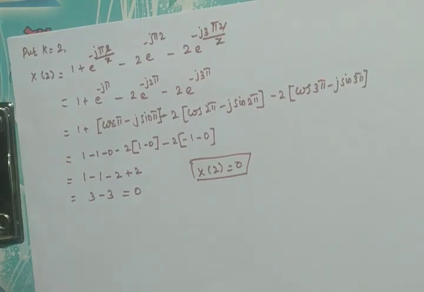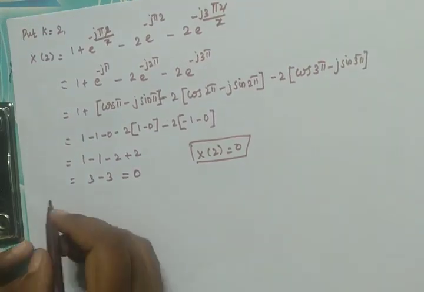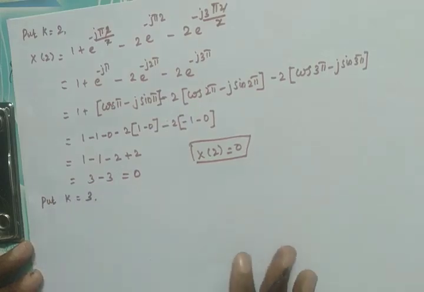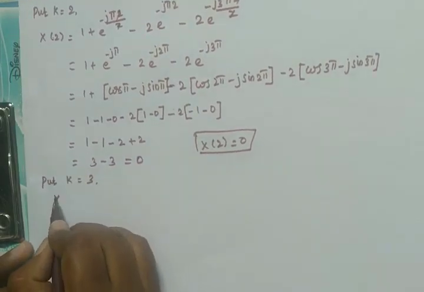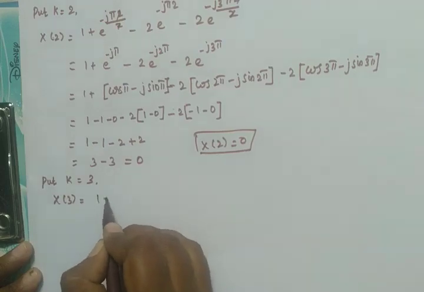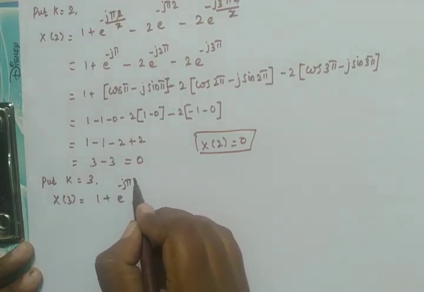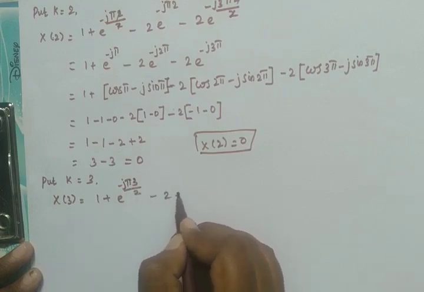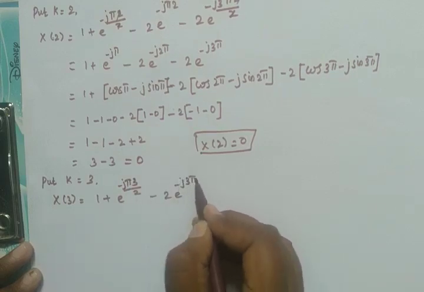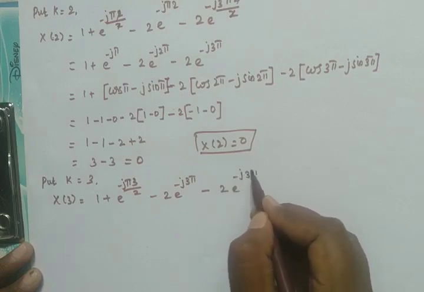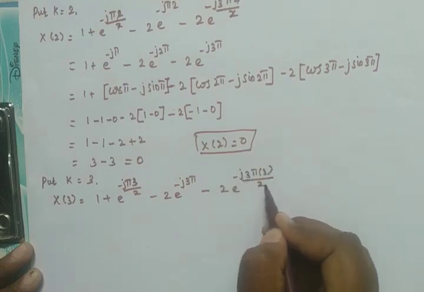Now substitute k is equal to 3. Now put k is equal to 3. So you will have X of 3 is equal to 1 plus e power minus j pi into 3 by 2 minus 2 e power minus j 3 pi minus 2 e power minus j 3 pi into 3 by 2.